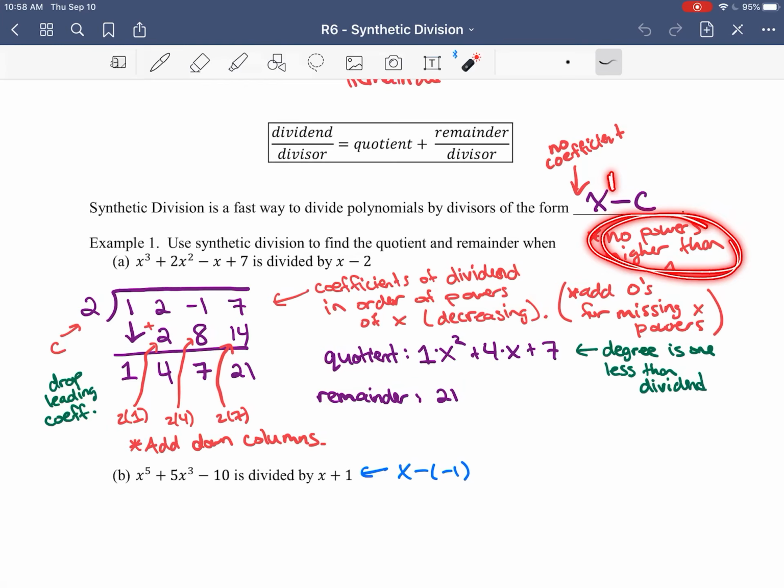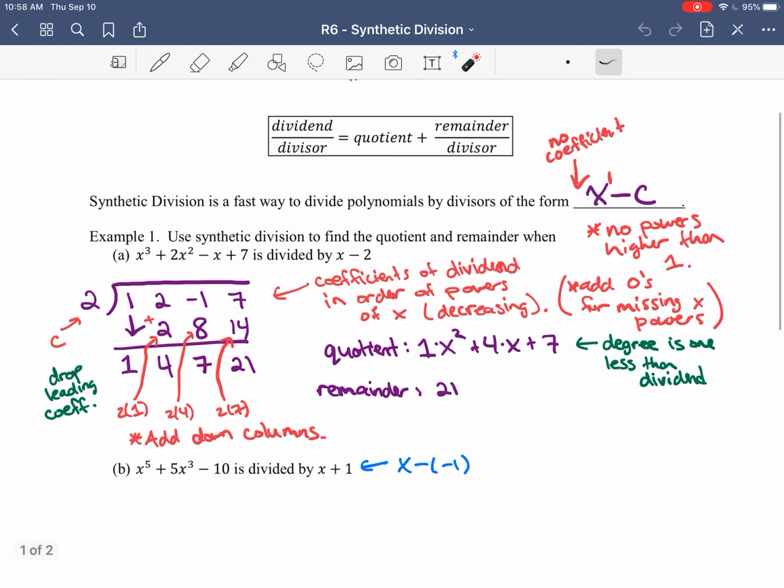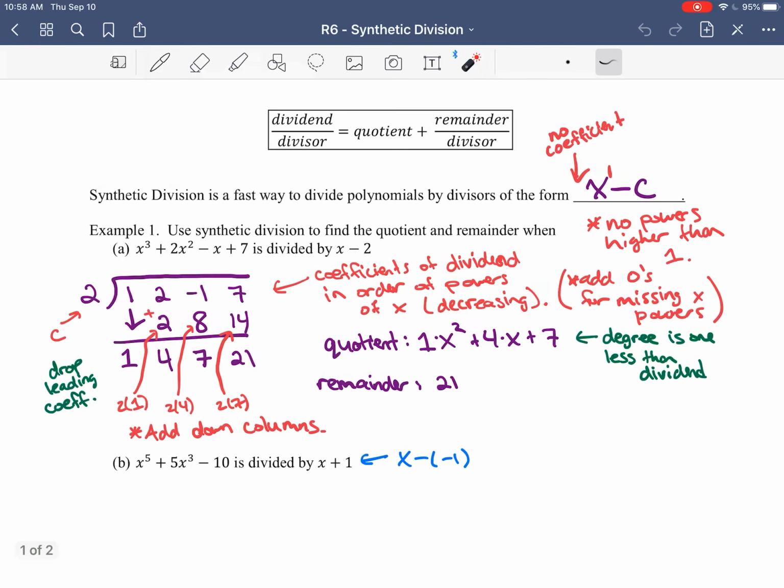So you can't do this for any powers higher than 1. If you need to divide by something with a power bigger than 1, you're going to have to use the long division method. Synthetic division is only for linear factors, so power 1.